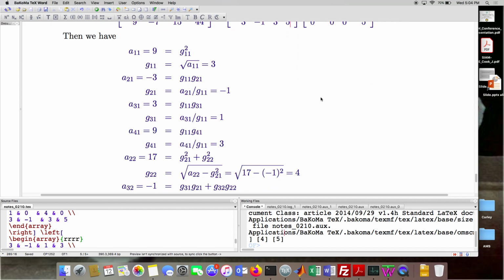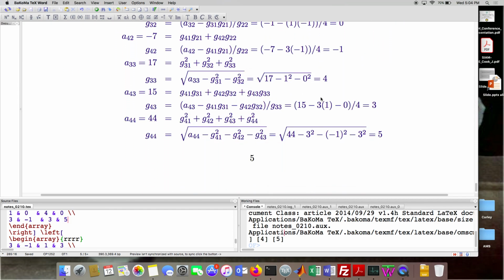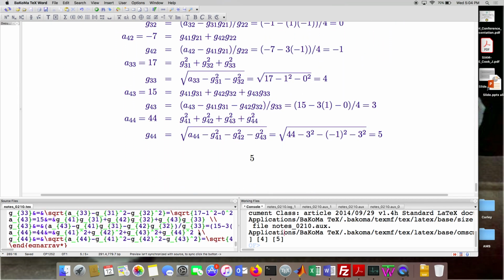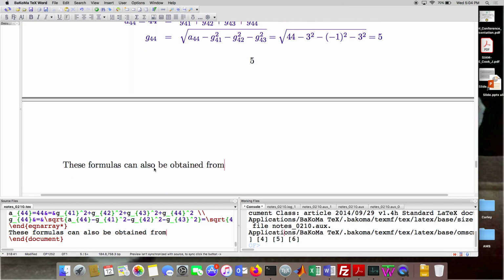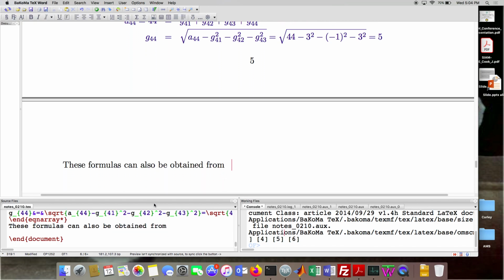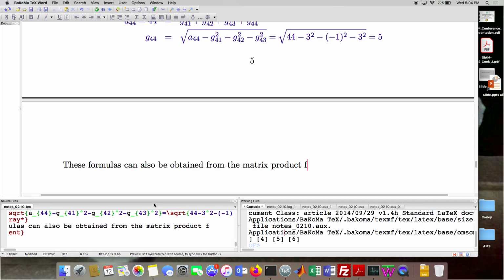So actually these formulas that we have here, you can see they come from the matrix product formula.